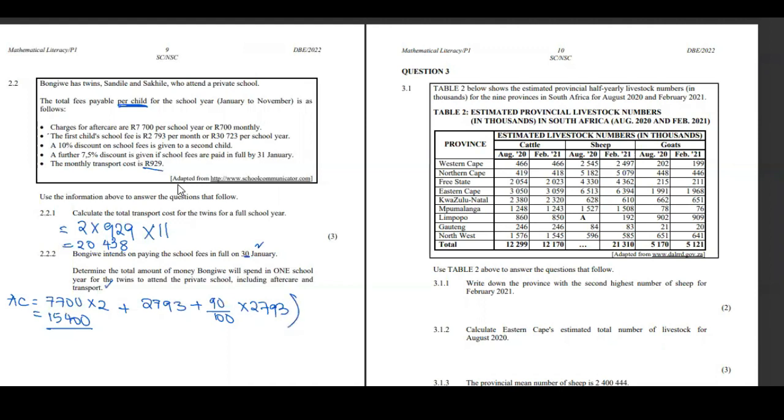Together, put it in brackets. I'm looking at the monthly amount, together, times 11. Why am I multiplying by 11 and not 12? Because their year is from January to November. The payments are considered to be that way. So we continue. Put this as it is in the calculator, please.